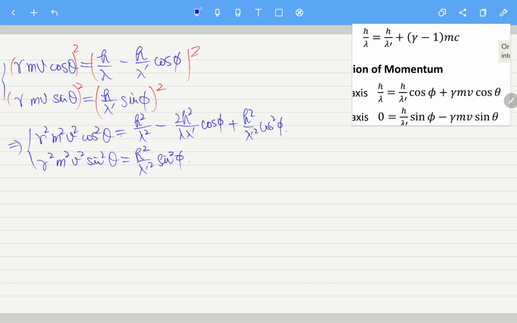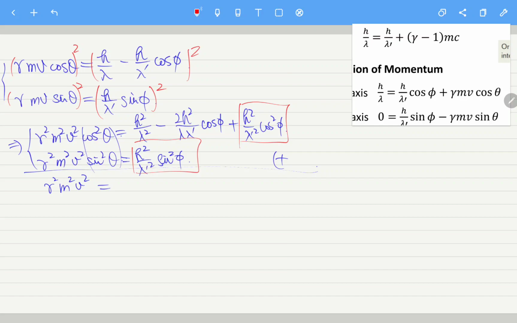So we take the square for both equations, and then we can just add them together. On the left side, this term is multiplied by cosine square and sine square, adding them together. So it is 1 here. This is 1. So we have gamma square m square v square. And then on the right side, we have this term adding with this term, also sine square plus cosine square.